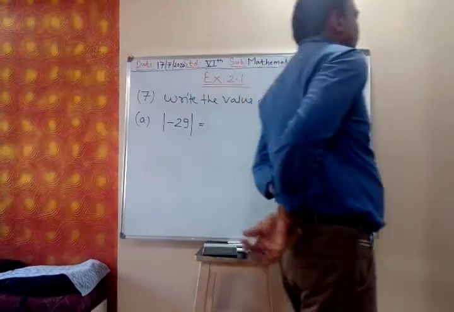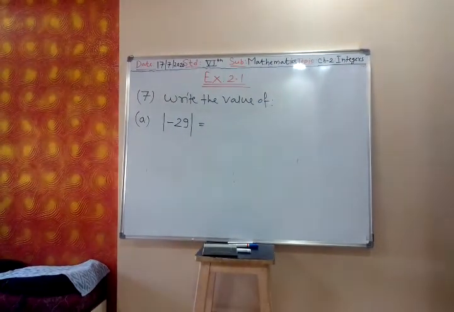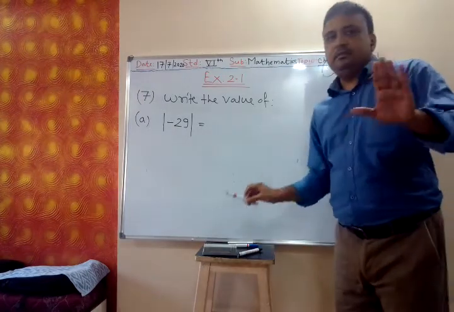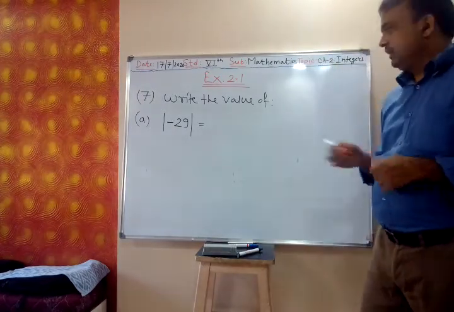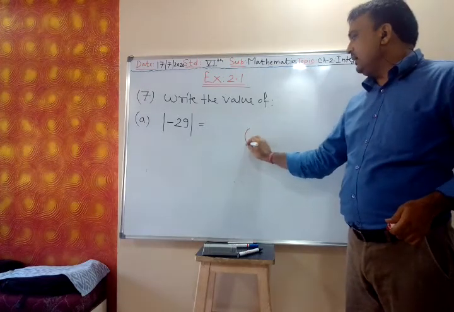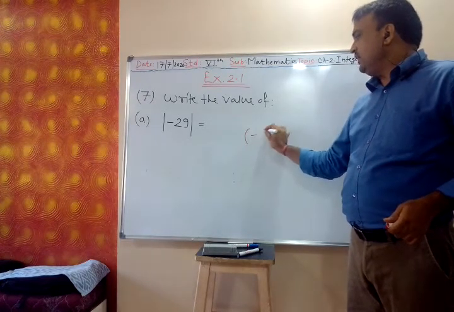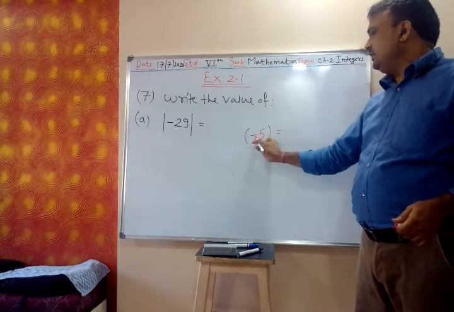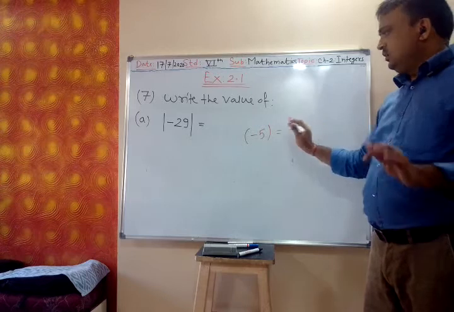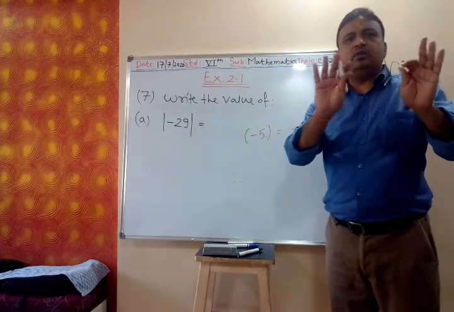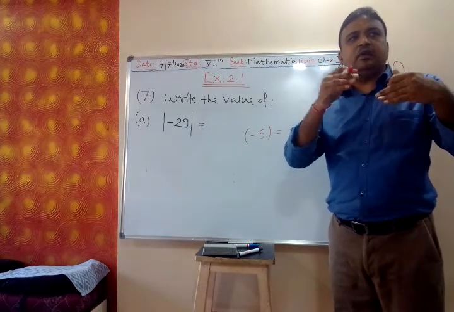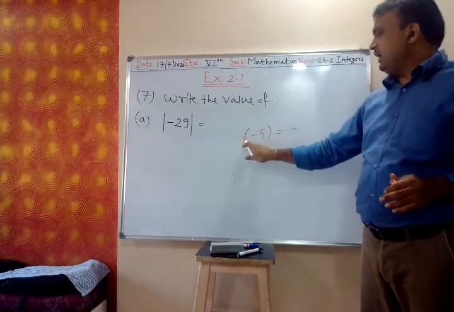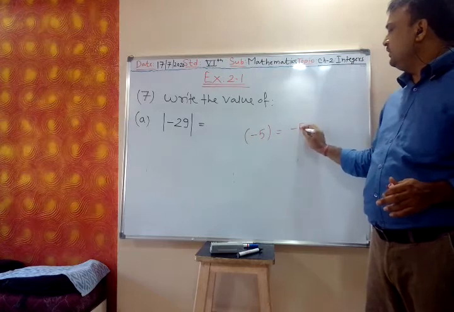See, whenever we have normal bracket, let me make you understand first. Suppose we have normal bracket of minus 5, then its value will be minus 5. Don't write this; I am explaining for your understanding.